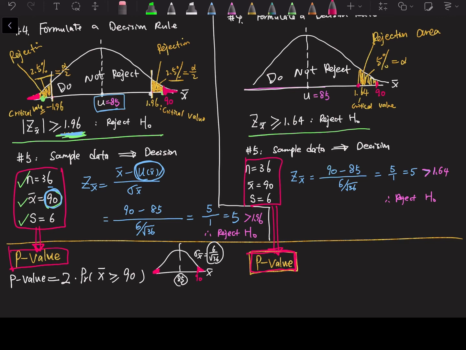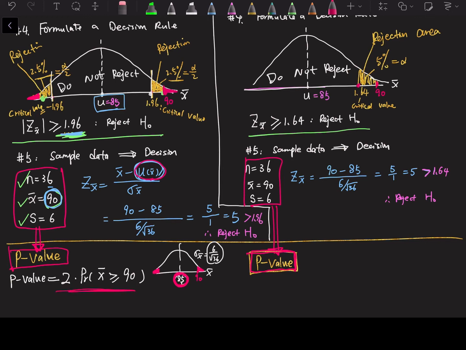The p-value assumes the null hypothesis is true, because we need a value to plug into our formula. It is the probability that you compute a sample mean that is as extreme as or more extreme than the computed sample mean, in this case 90. Okay, so this is the p-value.